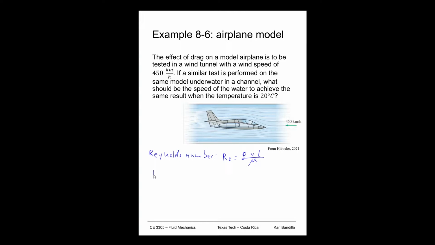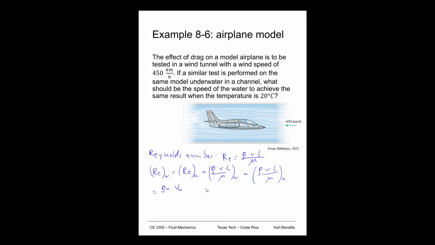So the Reynolds number for water would have to be the same as the Reynolds number for air. We can write that as rho times V times L over mu for water equal to rho times V times L over mu in air. So we have a rho water and a velocity in water.